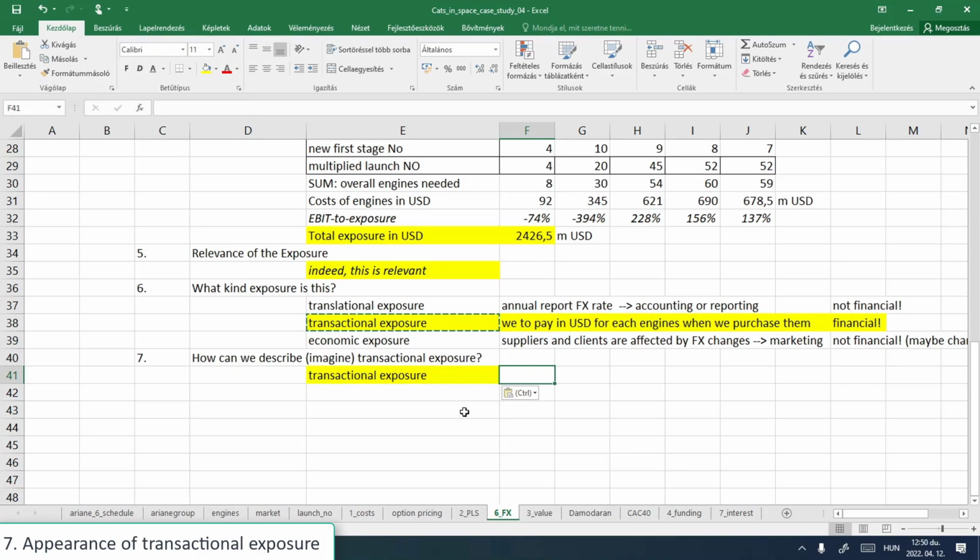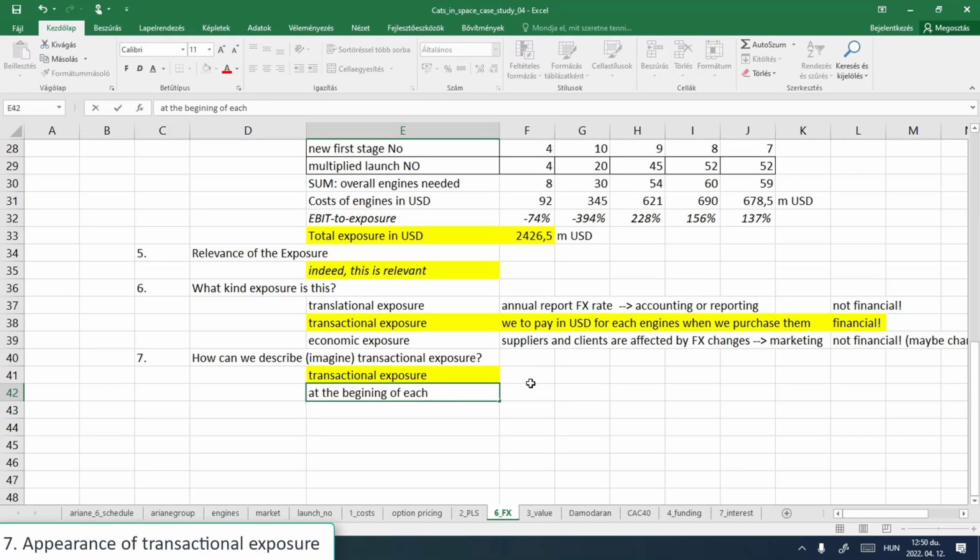So we can say that at the beginning of each year we know the number of engines, we know the desired engine number, and we will purchase them immediately.